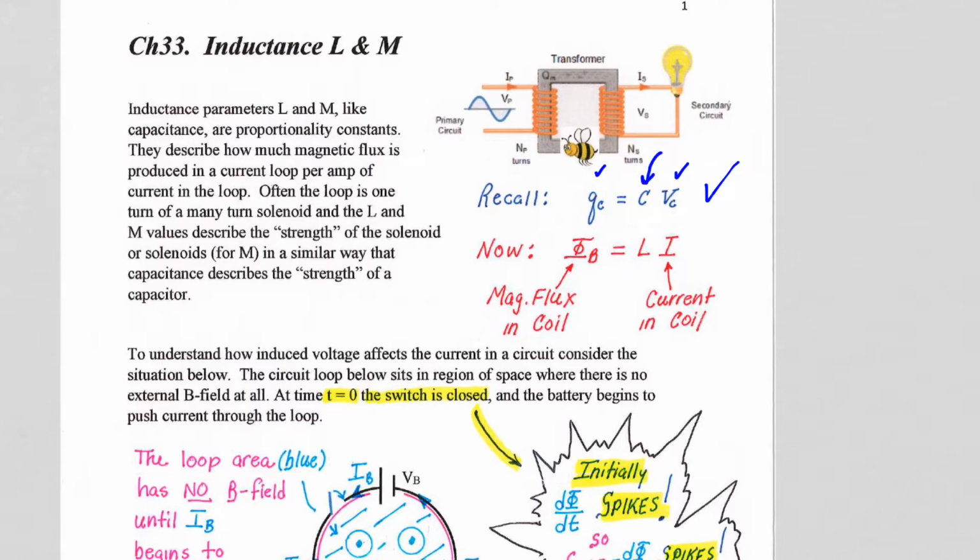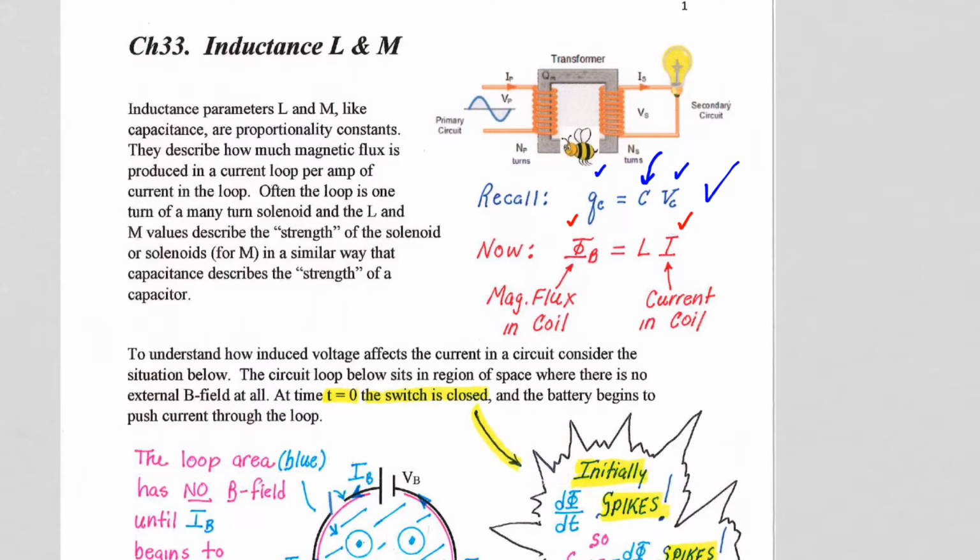Well, we're going to do the same thing now with flux, so we're going to see in our next lesson, and I'm jumping to the punchline here a little bit, that the magnetic flux through a coil will be directly proportional to the current running through the coil. And hopefully that makes sense based on what we know about current generating magnetic fields, the B field in a solenoid. A solenoid is just many coils.